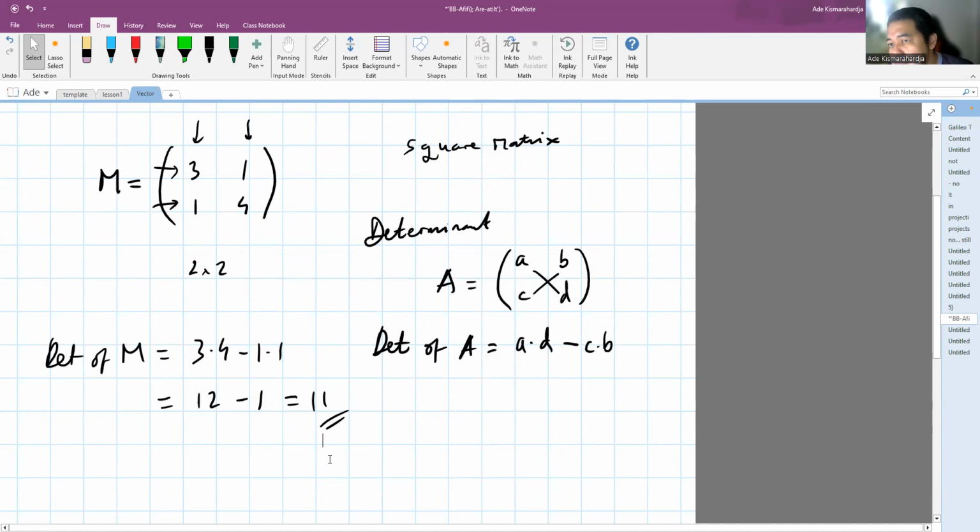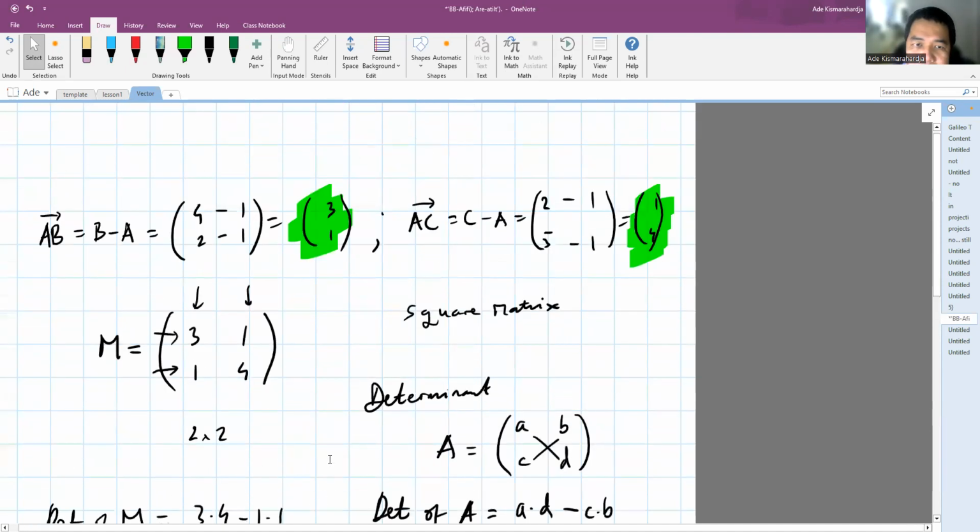Now, this is actually quite a general method, and later we will use the idea when you have, for example, a bigger situation. Yeah, we can also calculate the area of the parallelogram later.